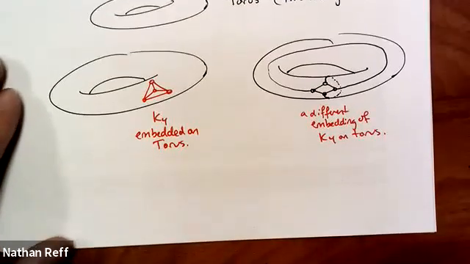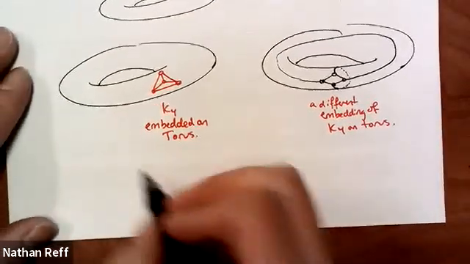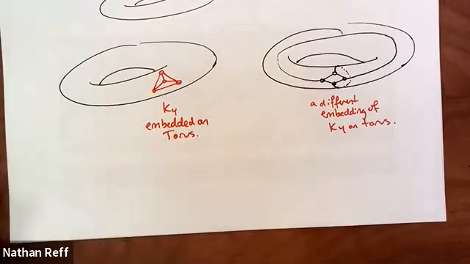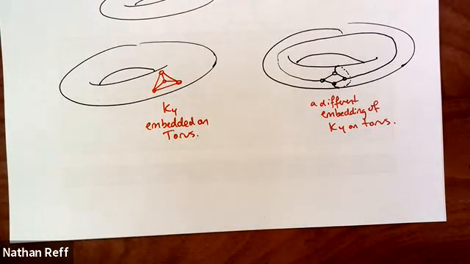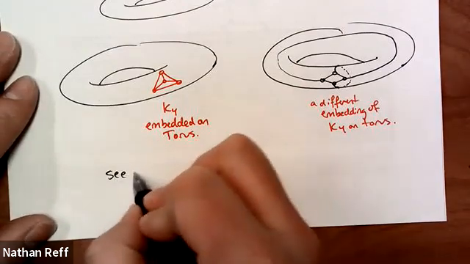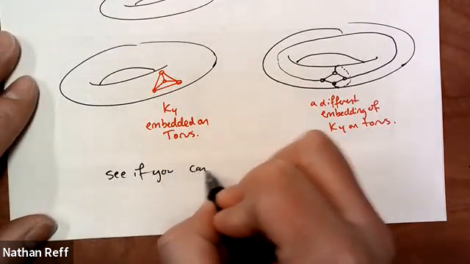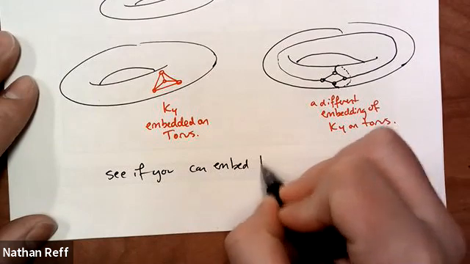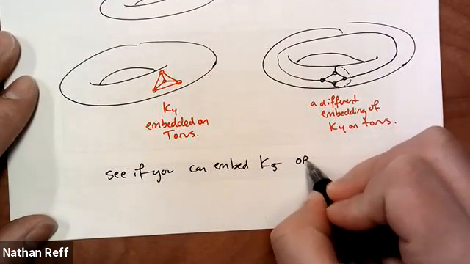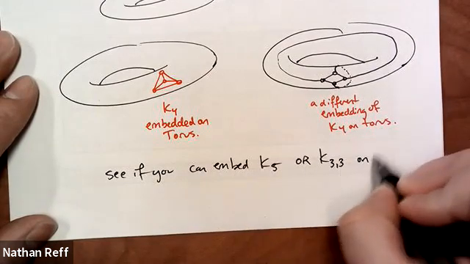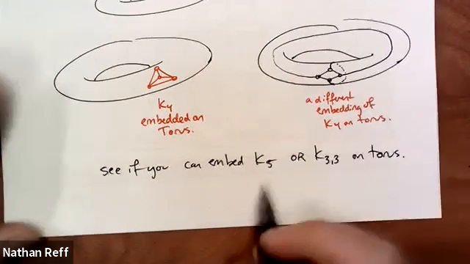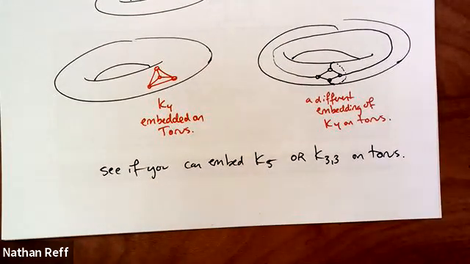Can you, well, maybe I should spoil it for you, because I told you I'd let you go. But see if you can embed K5 or K33 on the torus. And you can do both of those. So see if you can do it.